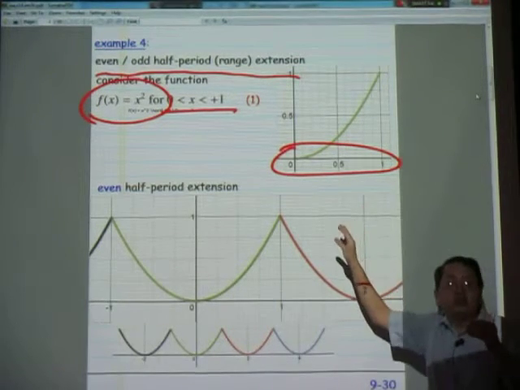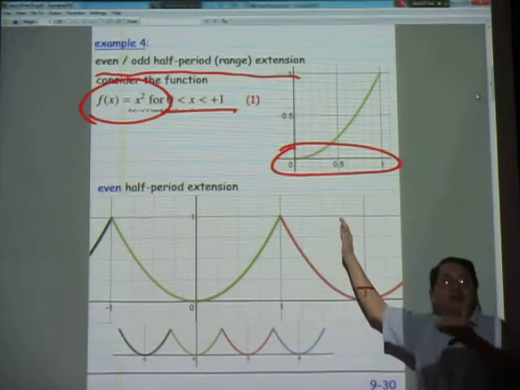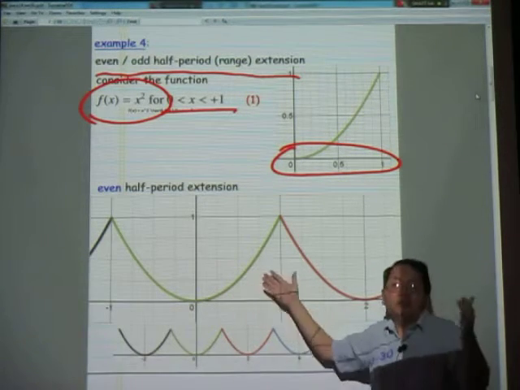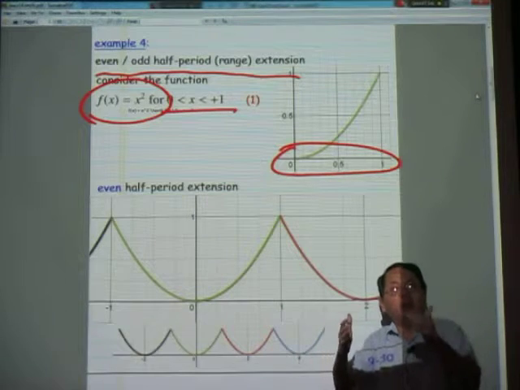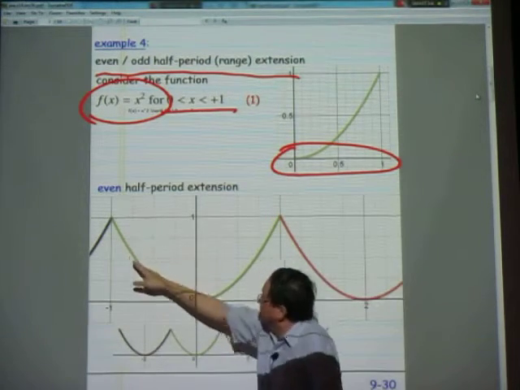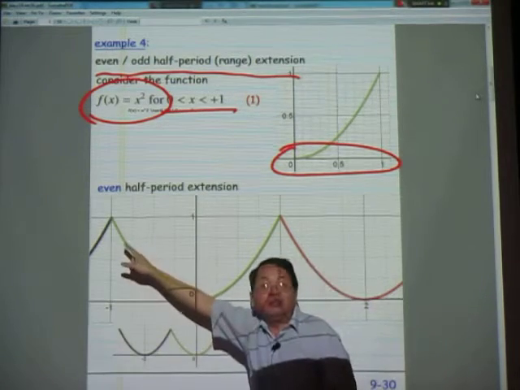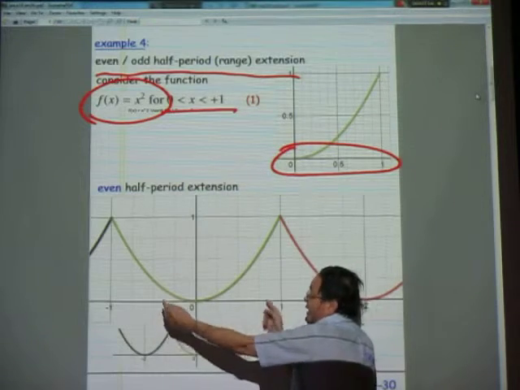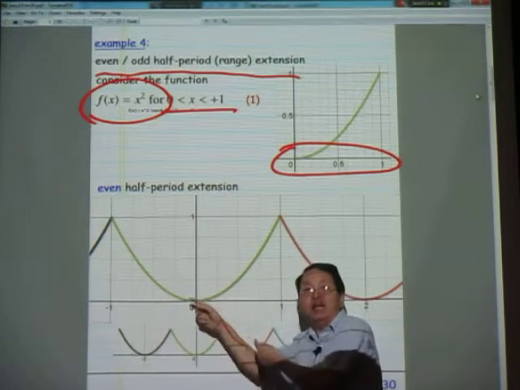The nice thing with Fourier series is that you can extend this function into an even half period extension or odd period extension. This is an even function, a parabola that goes from -1 to +1, and this is a picture of an even function.